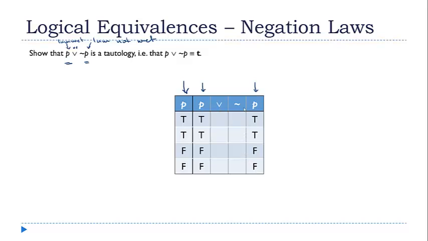So let's see how this table works out. The negation has to be done first. That's going to reverse all of the P values. Then here we have this OR. And remember, an OR is false only if both of the input columns are false. And I don't have any rows where both of the values are false. So this is going to be true all down this final column.